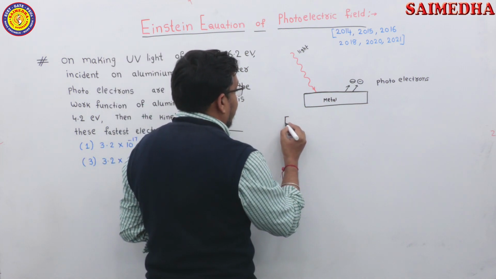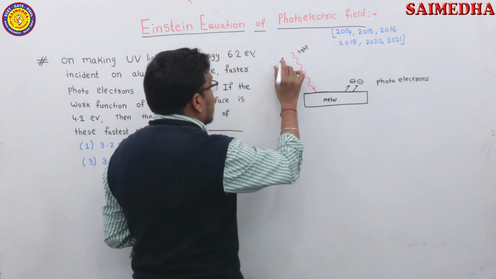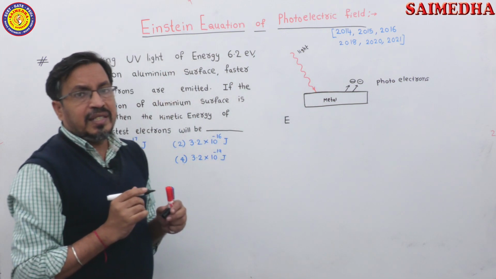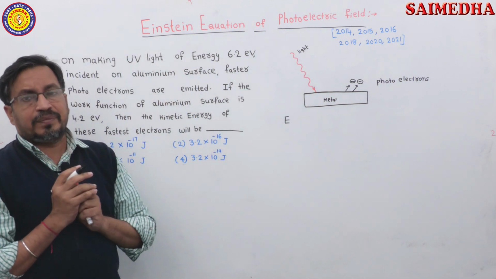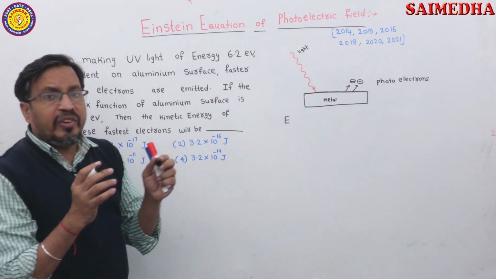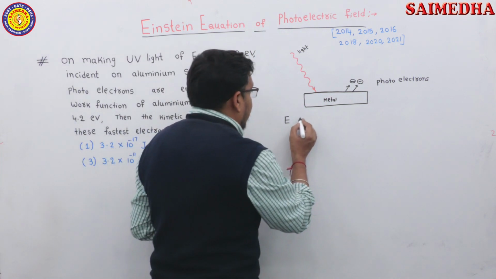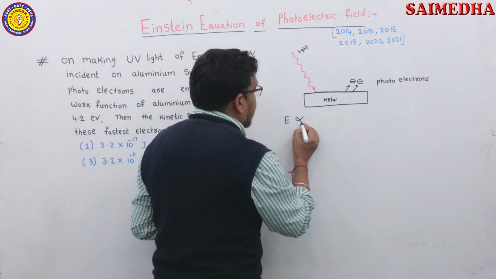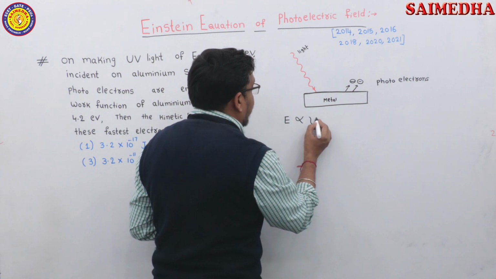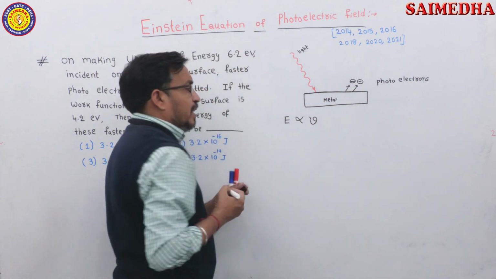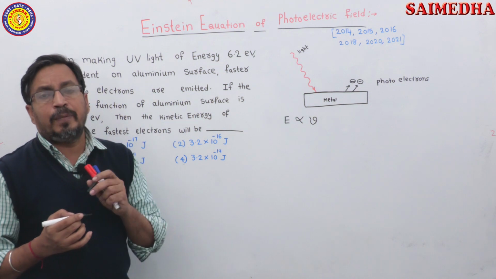Here I am considering energy. What is E? Energy of the incident wave. This energy of the incident wave is directly proportional to the frequency of the incident light. Students, very important point.